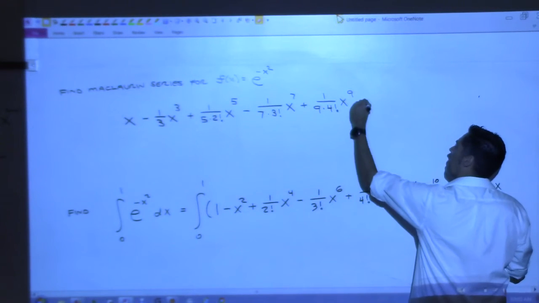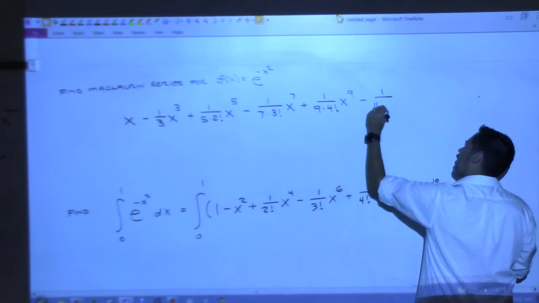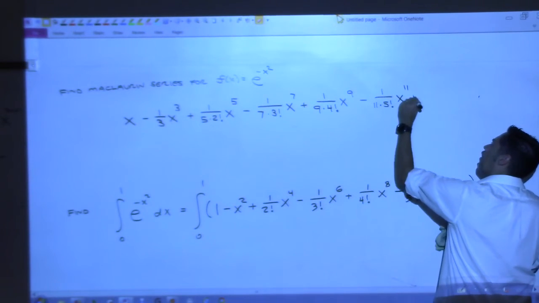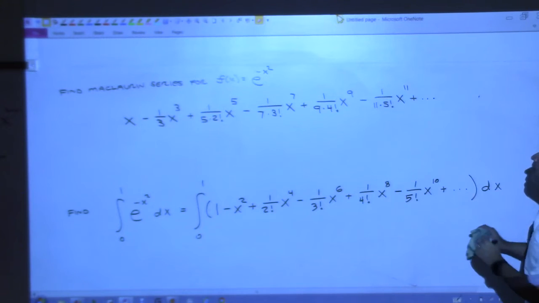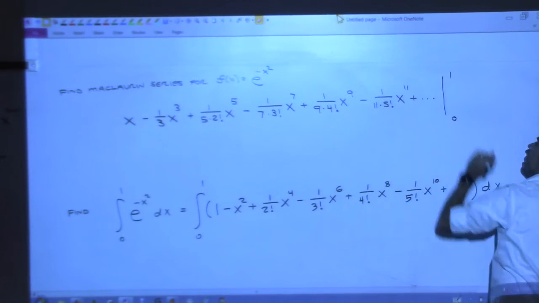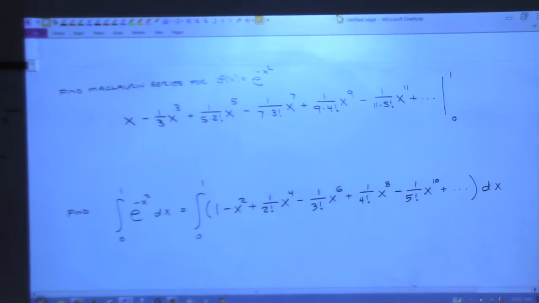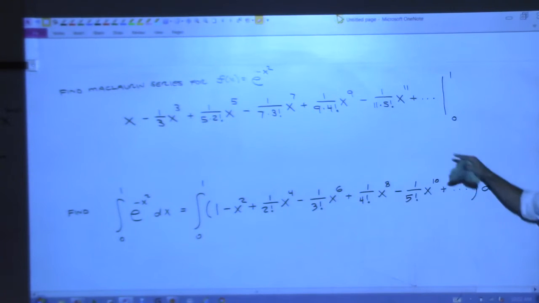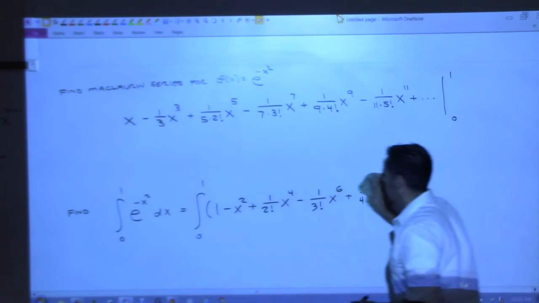One more. 1 over 11 times 5 factorial x to the 11th plus dot, dot, dot, right? And then evaluated 0 to 1. Okay? Right? Now, plugging in 0 is really nice, isn't it? Because it kills everything off. So really all I need to do is plug 1 into this.